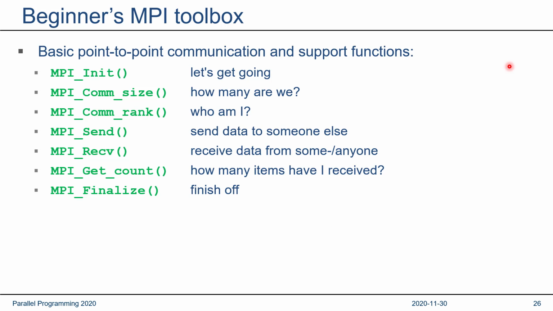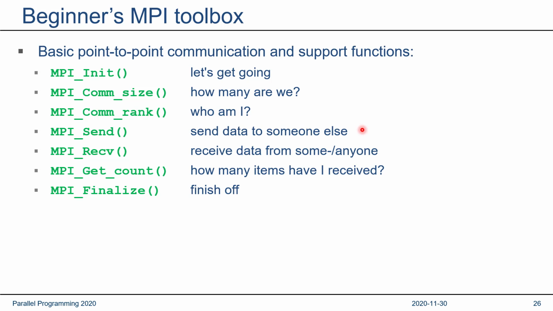This slide summarizes the beginner's MPI toolbox, the 7 functions that you always have to know. MPI_Init, it's like "let's get going", initializes the parallel program. MPI_Comm_size answers the question, how many are we? How many ranks are there? MPI_Comm_rank lets you know who am I, so what's my rank from the point of view of a single process.